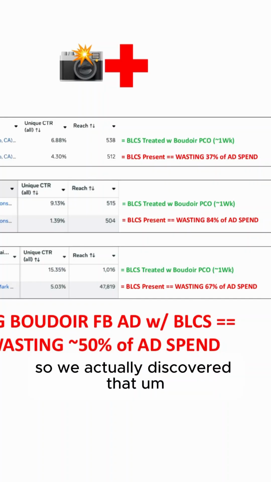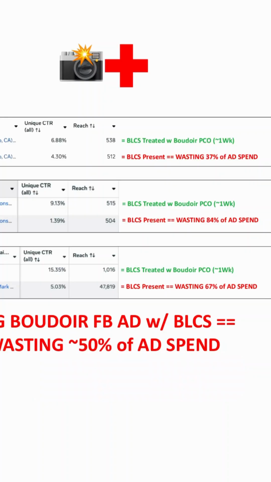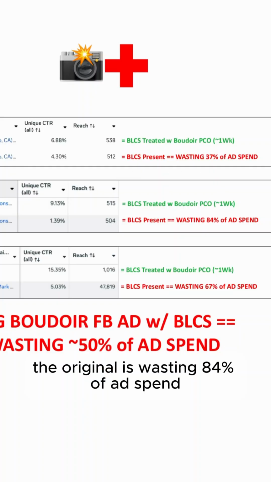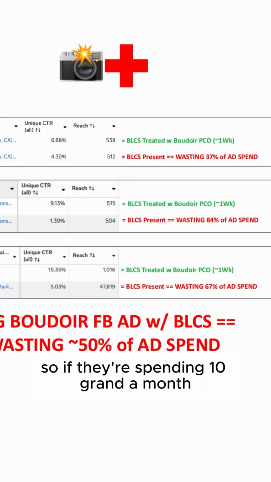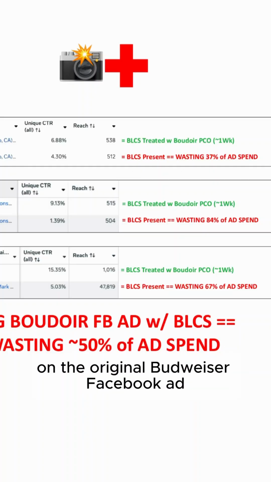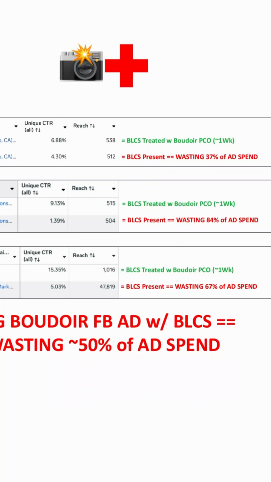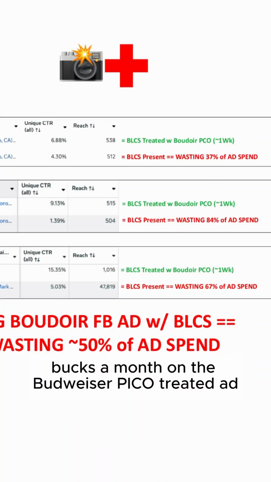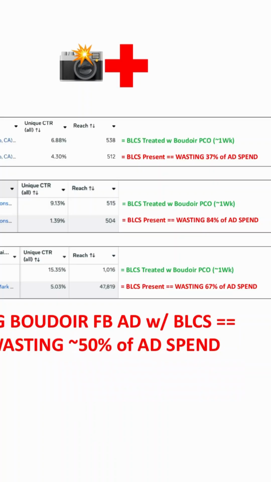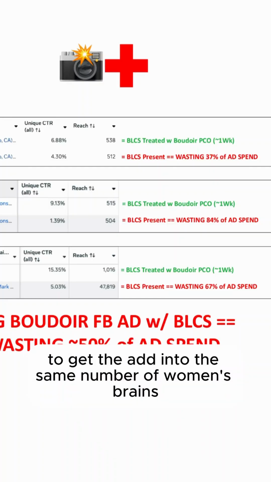So we actually discovered that the original was wasting 84% of ad spend. So if they're spending 10 grand a month on the original Boudoir Facebook ad, they now only have to spend $1,600 a month on the Boudoir Pico treated ad to get the ad into the same number of women's brains.